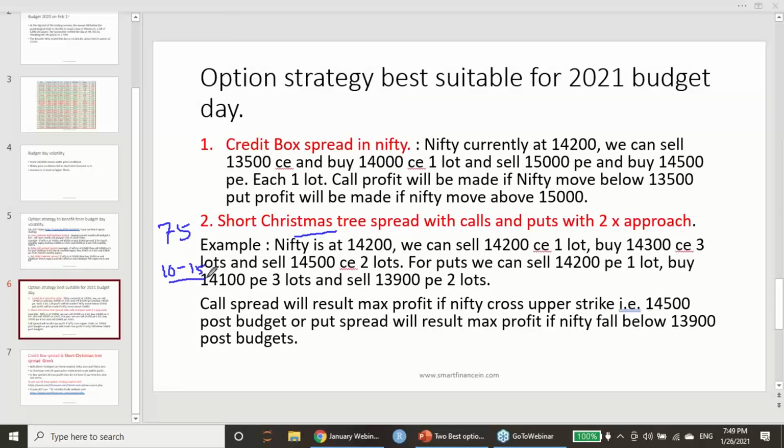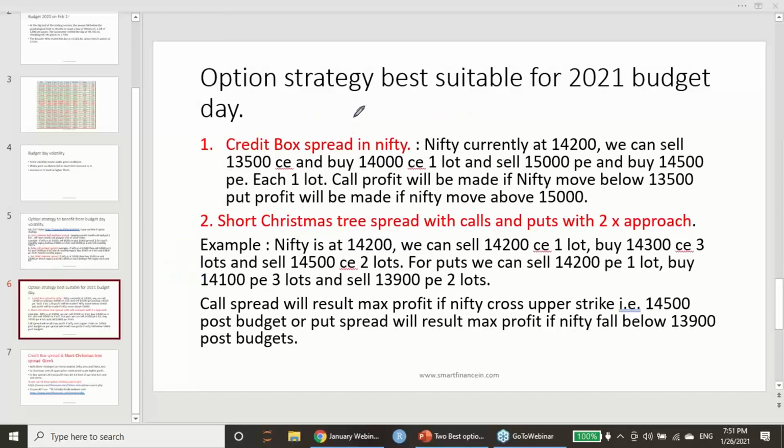In the Christmas tree you can have a liability of 10 to 15 points and a reward of 75 points. Here you can get near to 160 to 180 or 170 points of profitability, with hardly some 40 to 60 points of liability. That can be calculated lot-wise, so you have to multiply by 75. That will be the risk-reward for these two strategies.